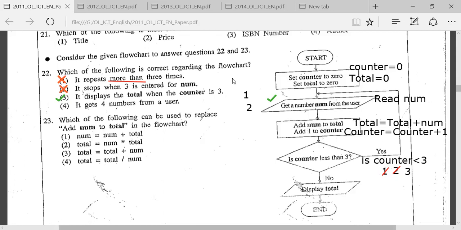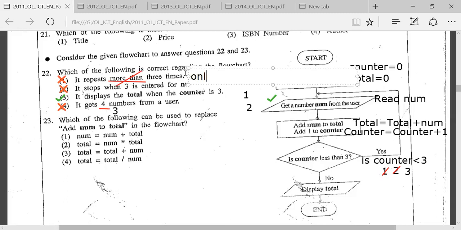So altogether 3. Right? So in your past paper book, underline this one and then put that it is false and write 3. More than 3, that is wrong.